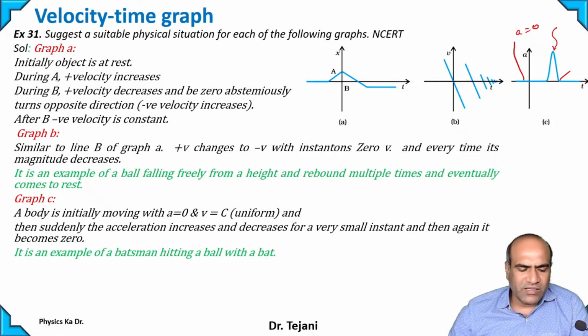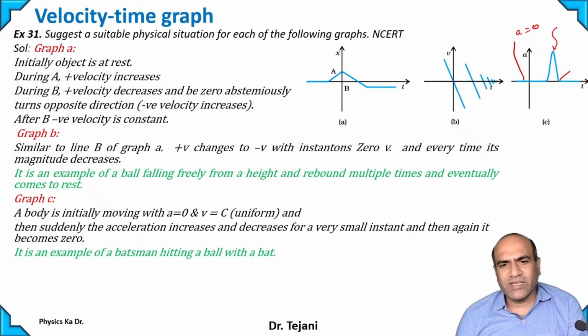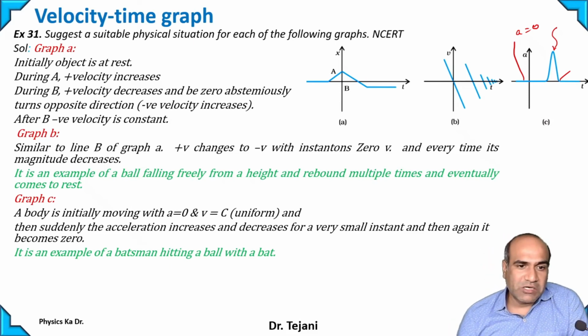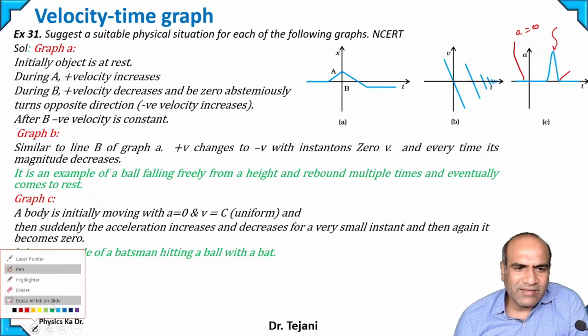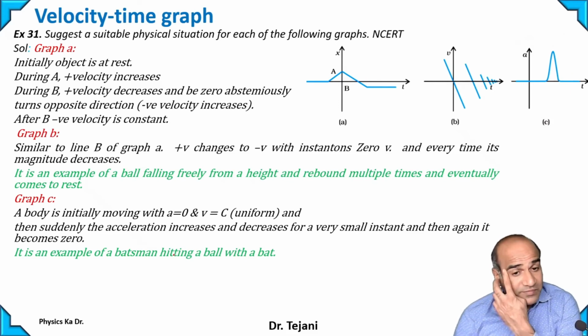A fast bowler is bowling at some speed, say 150 kilometers per hour, and then the ball is hit by the batsman and suddenly it increases to 500 kilometers per hour. What a capacity! And then it returns to its original one.